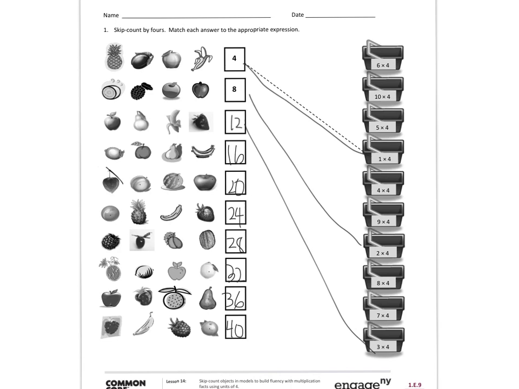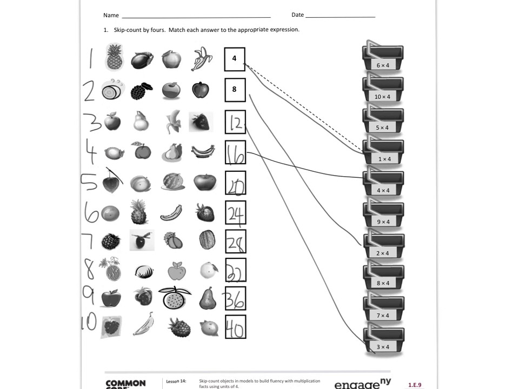Okay, so let's keep going with our multiplication sentences then. And a trick that I like to use is to number my rows. So 1, 2, 3, 4. That way, when I go to do my multiplication expressions, I can see that this is my 4th row, so my equation is 4 times 4.